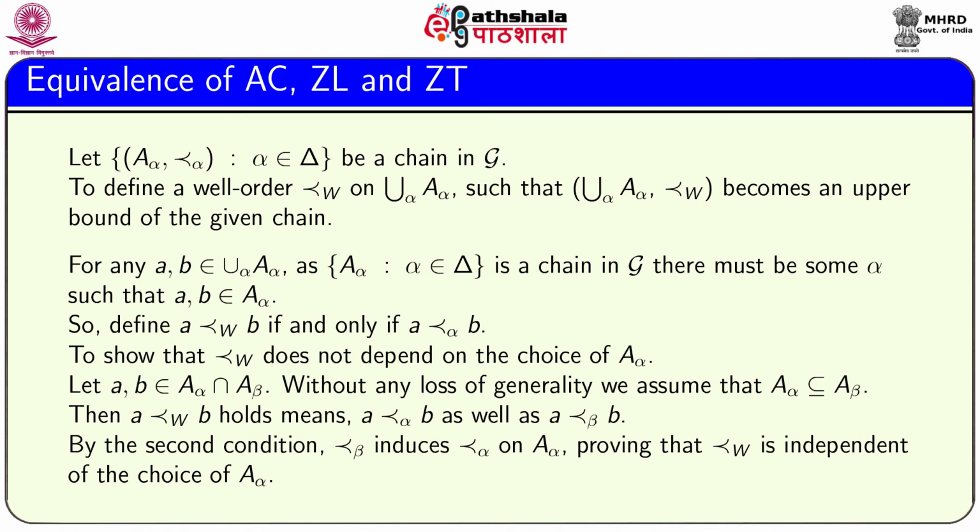We need to show that whenever a less alpha b and a less beta b takes place, both will give the same a less W b, and that is true by the second condition of our choice of the relation.